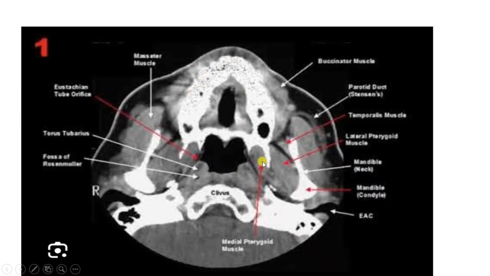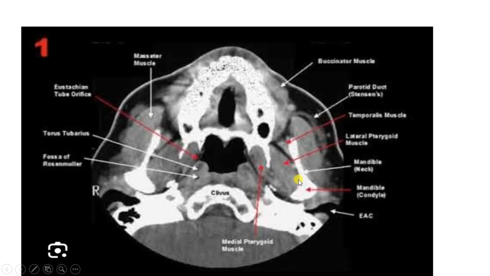This is at the level of the maxilla, and this is buccinator muscle, and this is parotid duct, mandible, coronoid process, and temporalis muscle is attached at the coronoid process of the mandible, and this is lateral pterygoid plate, this is medial pterygoid plate.